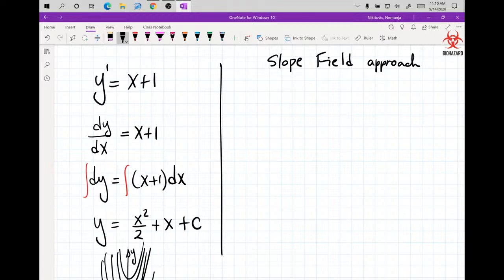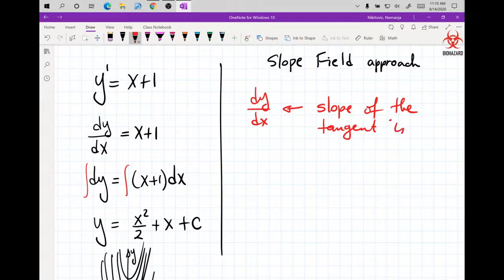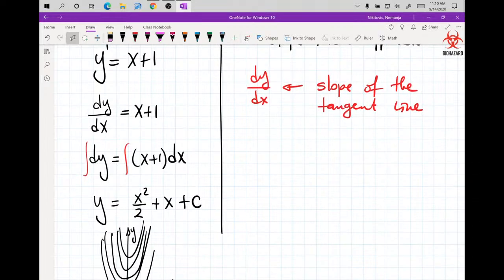So the first thing we are going to understand here is that dy over dx is the slope of the tangent line, which means that we are going to have these lines all over the place.